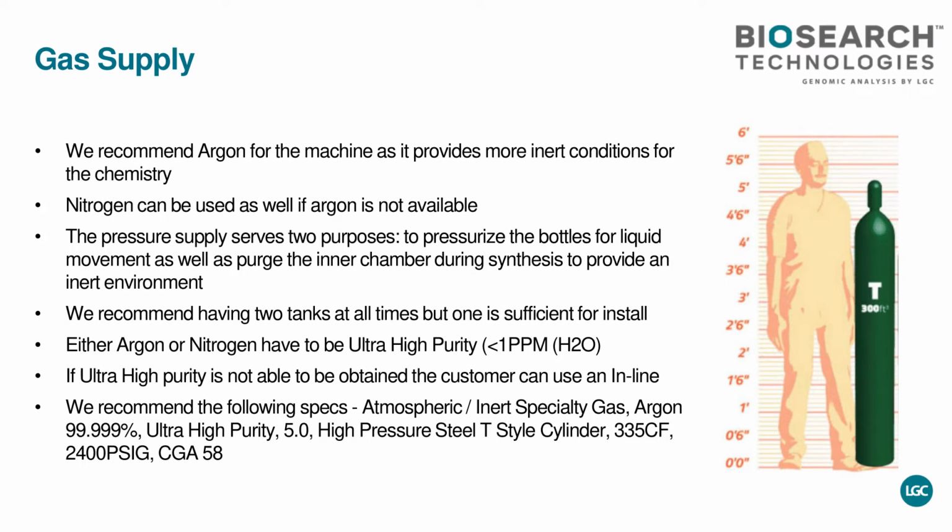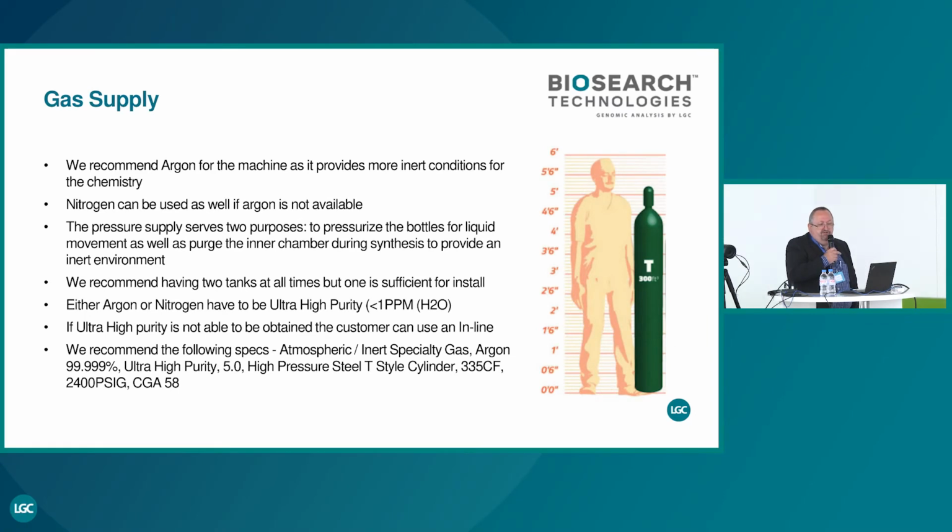If you do short oligos, honestly, you will not really see the difference between argon and nitrogen. But if you do long oligos, you will start to see a difference in terms of quality or yield of your oligo. For the short ones, no big difference if you make 20, 25 bases. But if you make oligos of 70, 80 bases, you will see some difference.